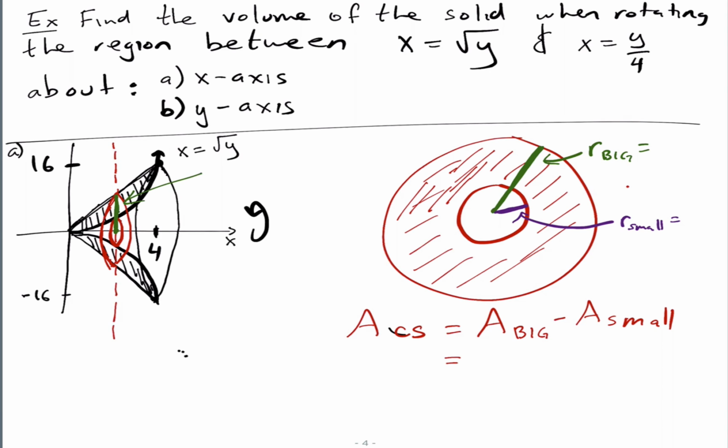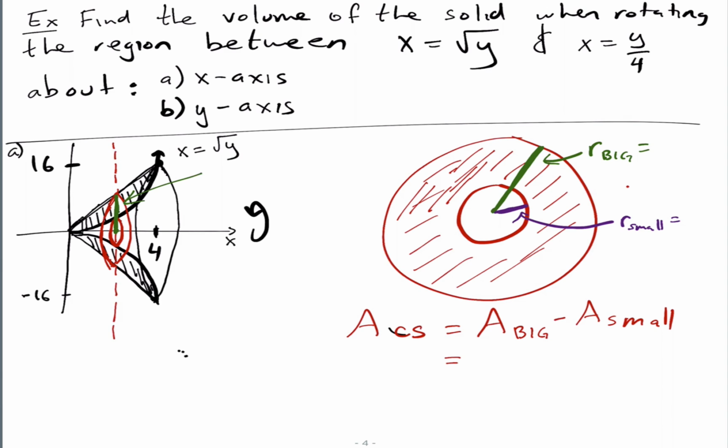Okay, so if I do that, also very important to know, what are you going to be integrating with respect to? Well, it depends on what part you're talking about. It's also not difficult to know.